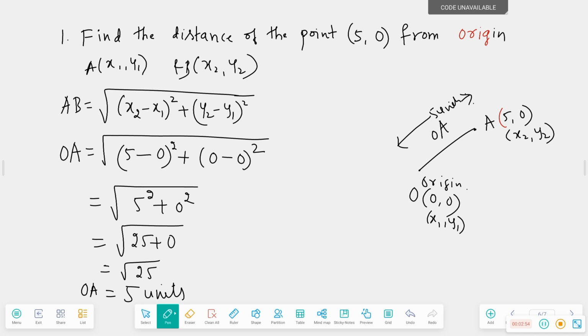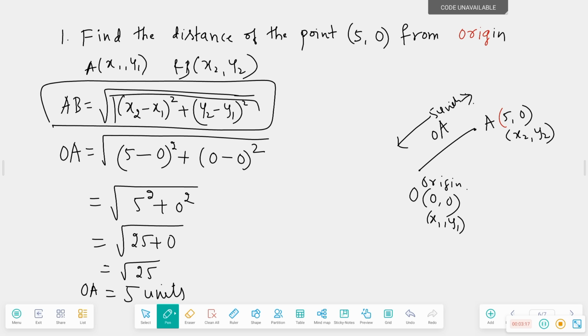See, observe, distance should be always positive. Whenever we say the distance, we should say in positive quantity only. See, because observe the distance formula: AB is equal to square root of x2 minus x1 whole square plus y2 minus y1 whole square. Here, the quantity under square root must not be negative.